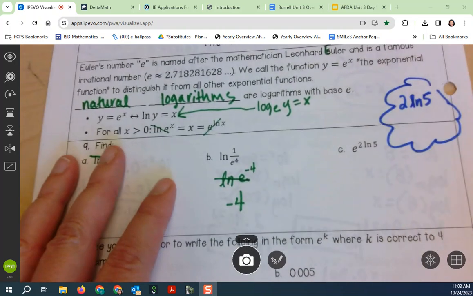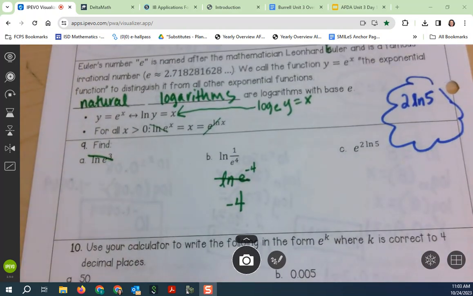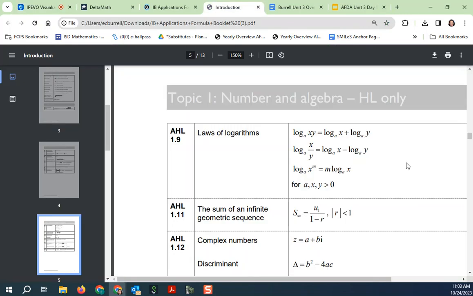I need to go back to your formula booklet. There is this one with exponents, the third one right here. It says that if you have an exponent here, you can move that exponent to the front of your logarithm. And that's what I have: a 2 right here in front of my logarithm.